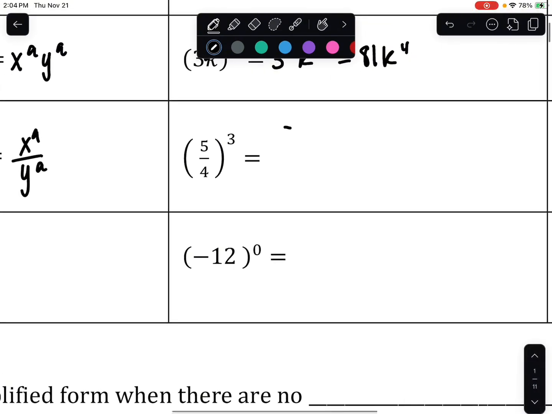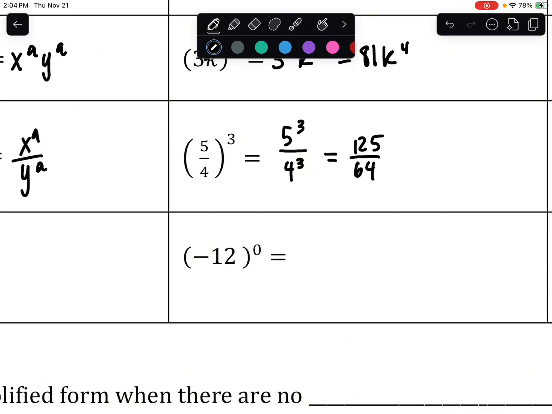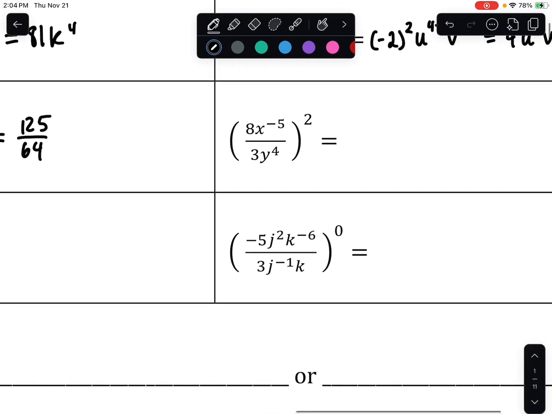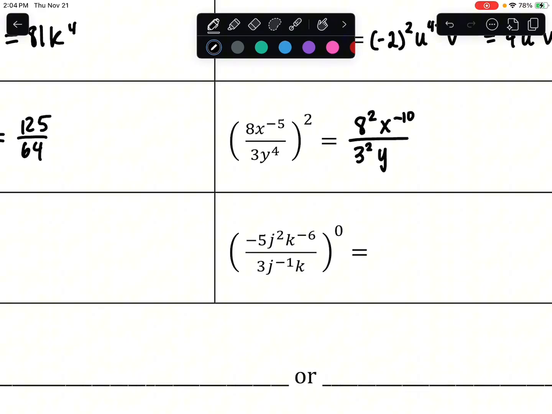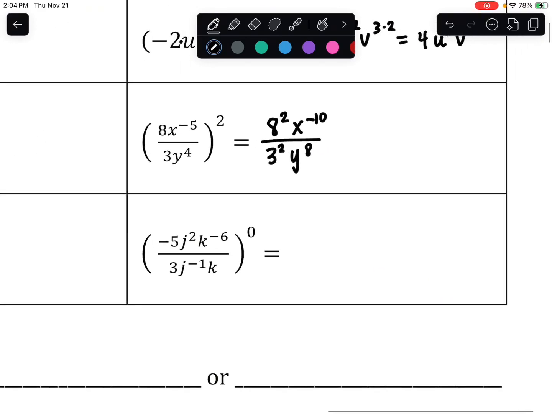And then here, 5 would get the exponent of 3, 4 would get the exponent of 3. So 125 over 64. Here the 8 would get the 2. X already had an exponent, so multiply. 3 would get the 2, and y already had an exponent, so now it would become an 8.